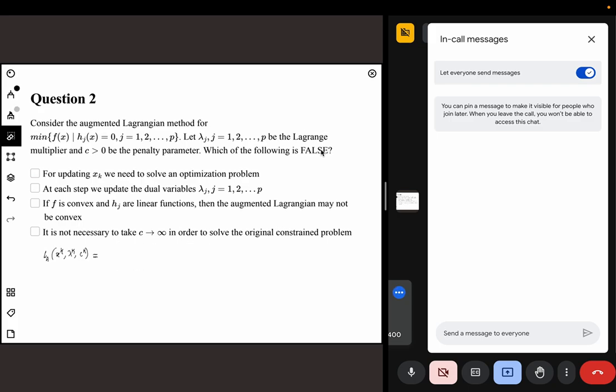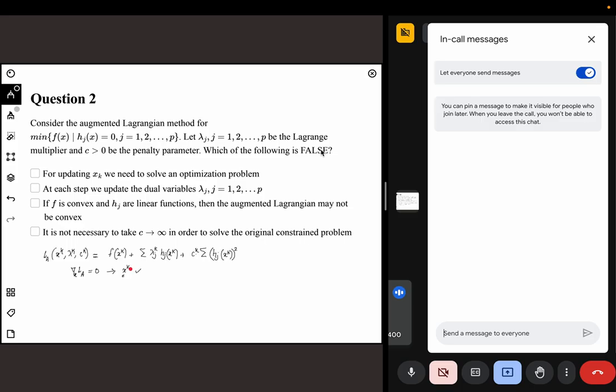Then I'll have that particular function f of xk plus sigma lambda times h of xk plus my penalty terms. Now what I have to do is first find xk. So how do I do that? I have to just take the derivative with respect to x and equate it to 0. From this I have to find xk. So this itself is an optimization problem. So first I have to find xk, and then I have to find lambda k.